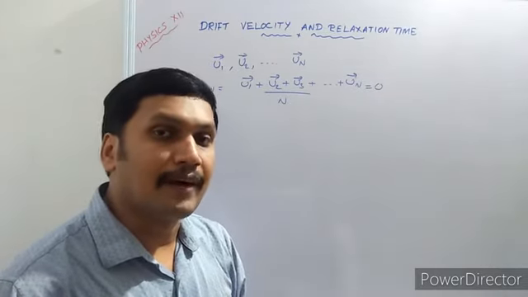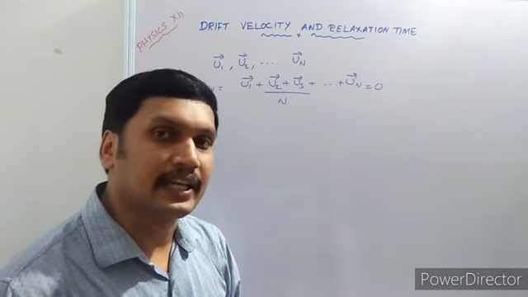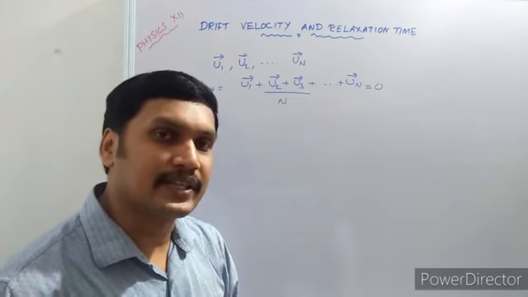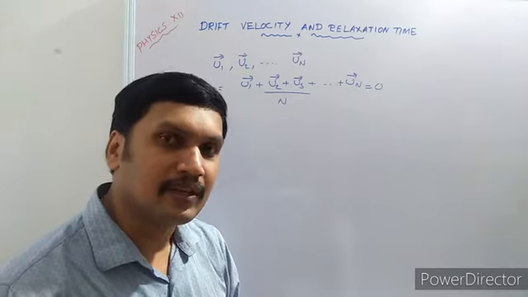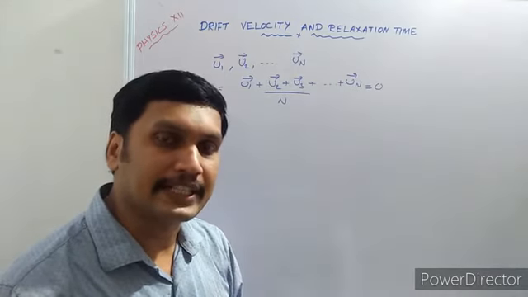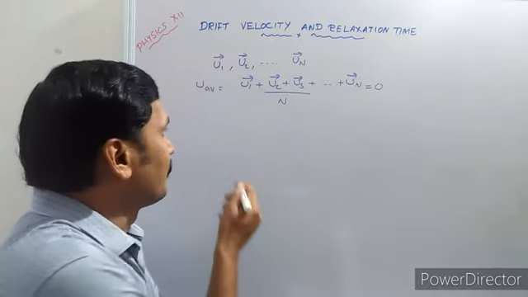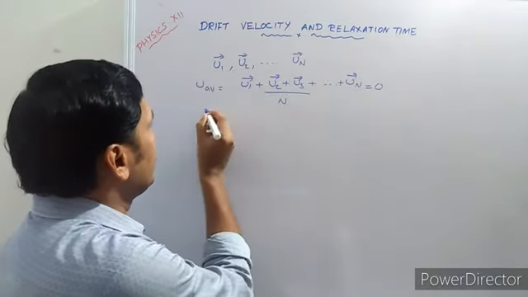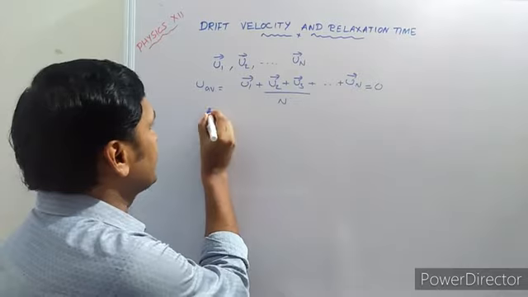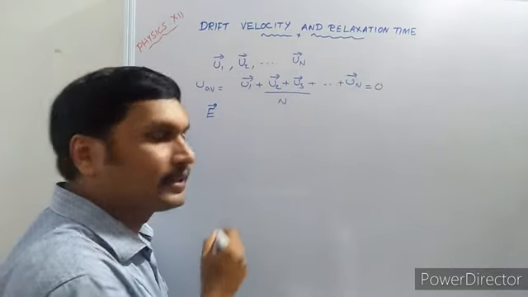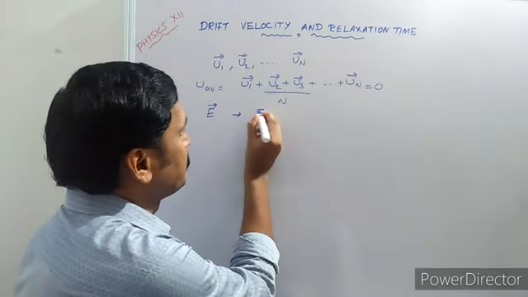Now, if you are applying an external electric field to this metallic conductor, under the presence of the external electric field, all the electrons experience a force. If an electric field E is applied to this conductor, all the electrons experience a force.